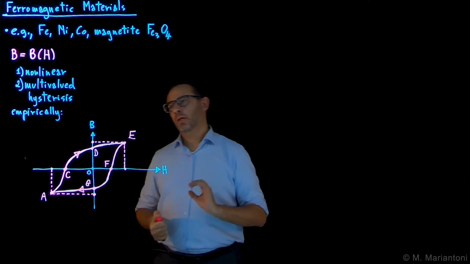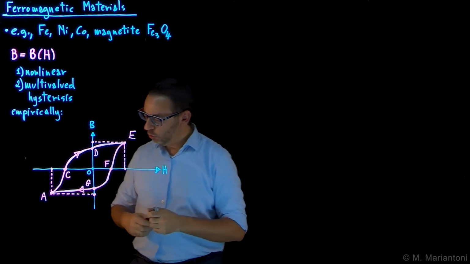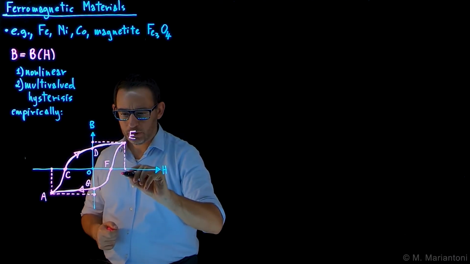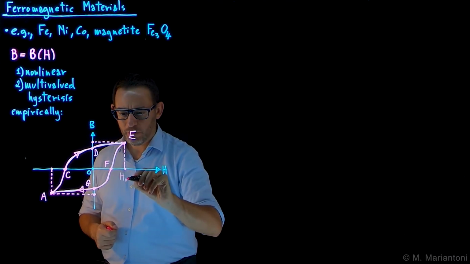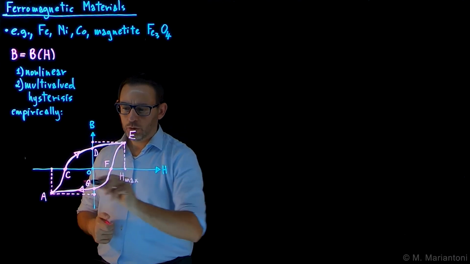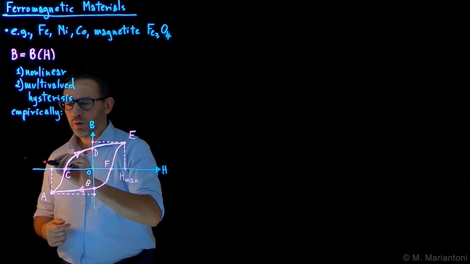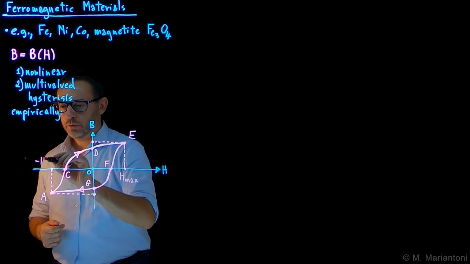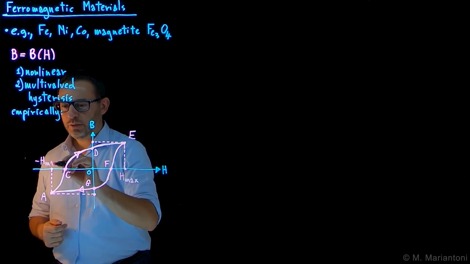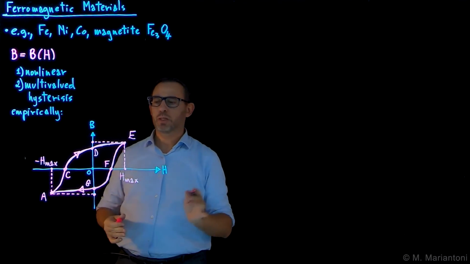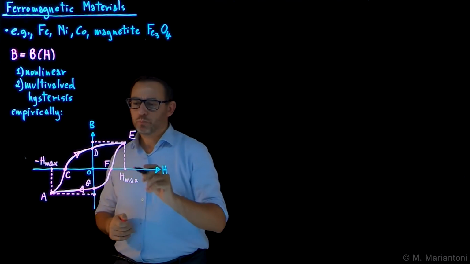Okay, so now let us also call this point here plus H max, the maximum value that over this hysteretic curve H can take, and this one is minus H max. It's exactly the opposite. Suppose that they're more or less equal and opposite. Doesn't have to be, but typically that's what we get.